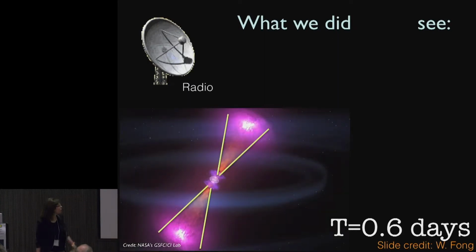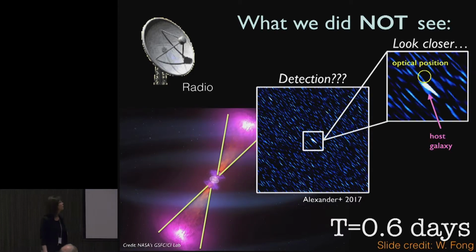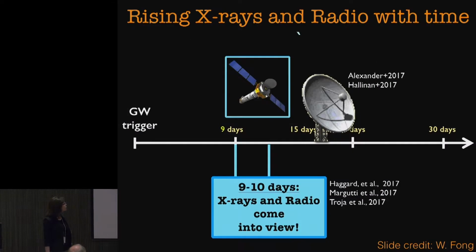We got on target together with other teams at 0.6 days after trigger, and we got excited at the beginning, but nope, it's the host galaxy that you're looking at. So the story that you already know is that for the first 10 days, we had no detection in the X-rays and in the radio, but X-rays and radio were detected around the same times, and it's an effort from multiple teams. I want to emphasize that.